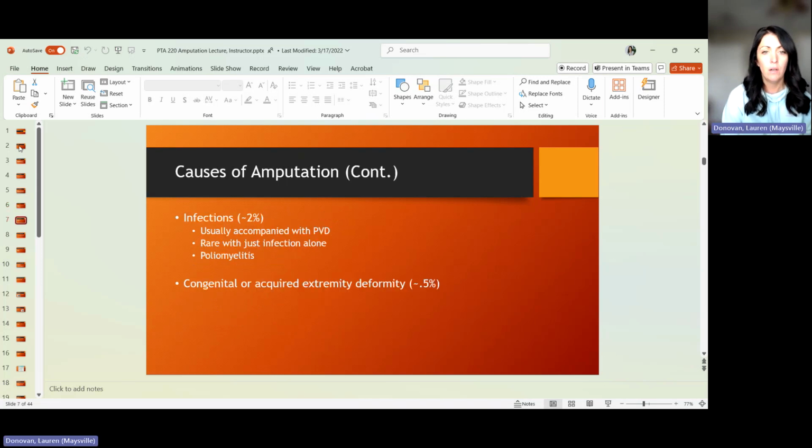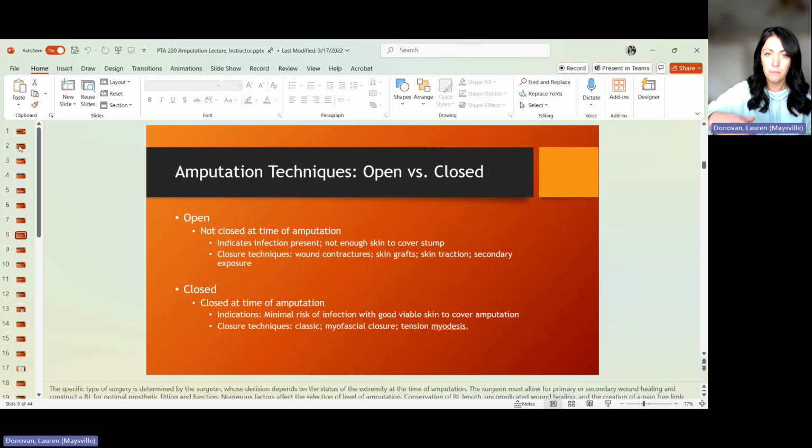Infections are 2%, usually accompanied by PVD, and it's rare to see it with infections alone, but it could also be because of polio or poliomyelitis. And congenital or acquired extremity deformities, believe it or not, are said to be 0.5%, which is pretty low compared to what I would have thought.